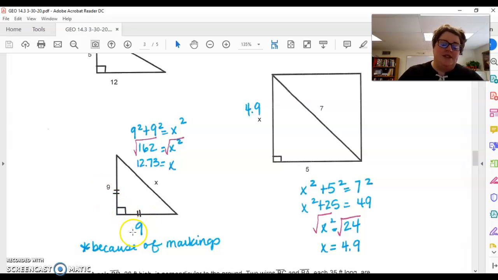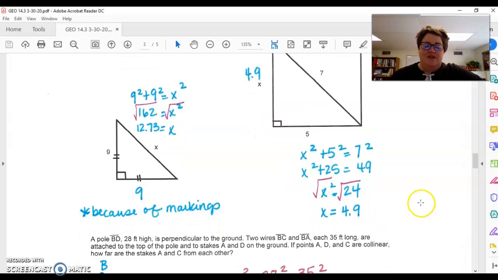So these sides are the same, and they're both 9. So I can again find the hypotenuse. The one on the right, you're finding the leg, so it should be either your a or b, it does not matter, and then you should solve again for x.